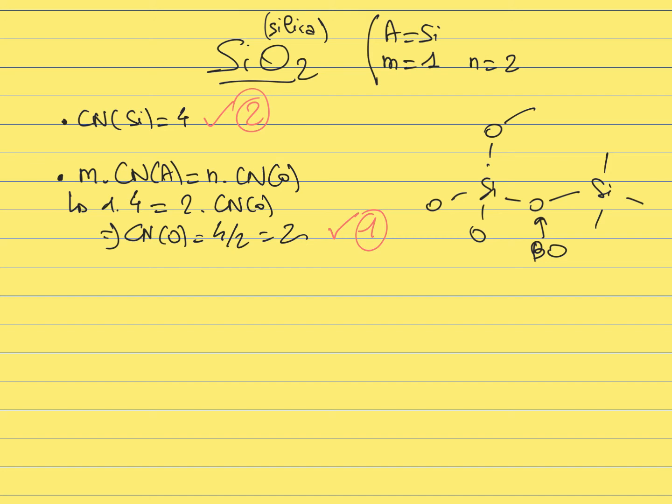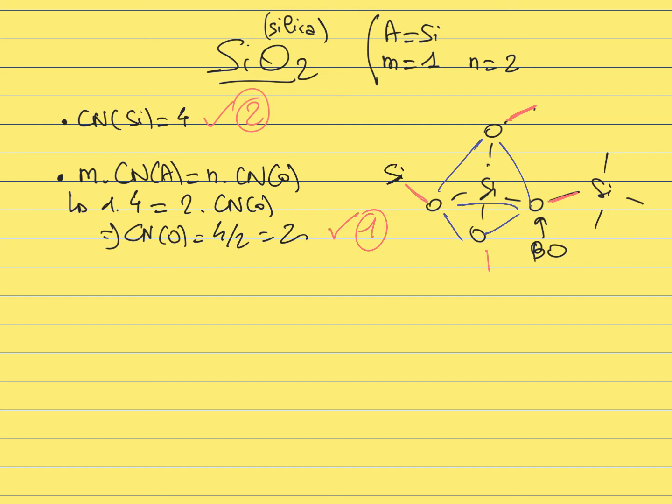And here the fourth rule tells you that at least 3 corners need to be shared. So it means that if you look at the silicon polyhedra here, in this case tetrahedra, how many of those corners are shared? And here we found that all the oxygen have a coordination number of 2. So it means that all the oxygen will be connected to another silicon.